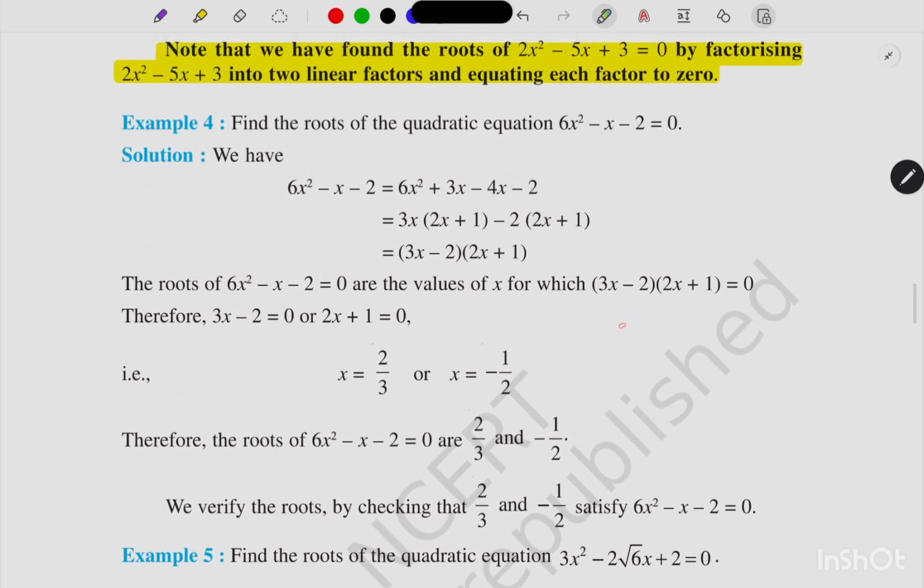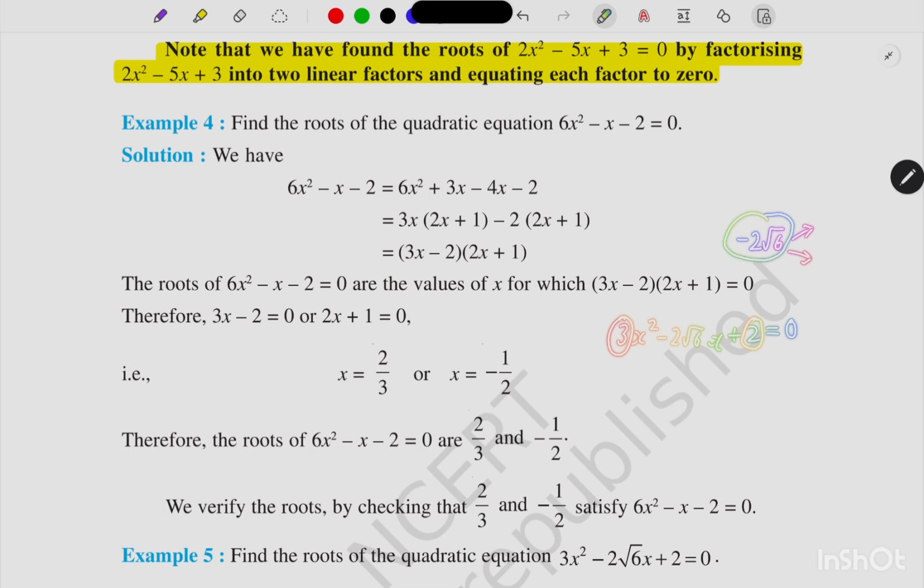So we have 3x square minus 2 root 6x plus 2 is equal to 0. Check carefully. What we need to do is divide minus 2 root 6 into two numbers such that the product of the two numbers is 3 multiplied by 2, and if you add them up you will get minus 2 root 6.